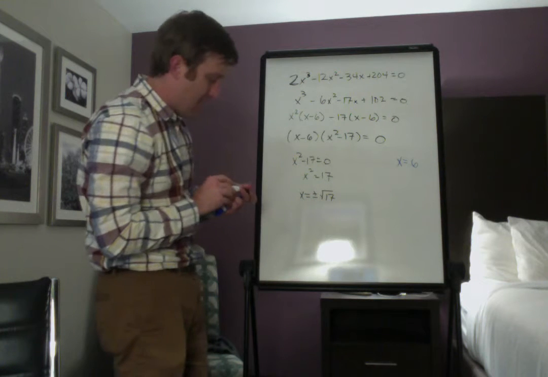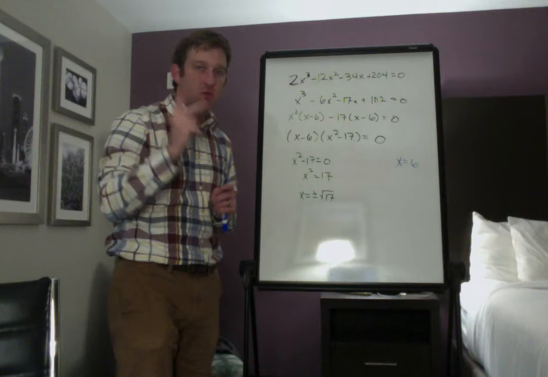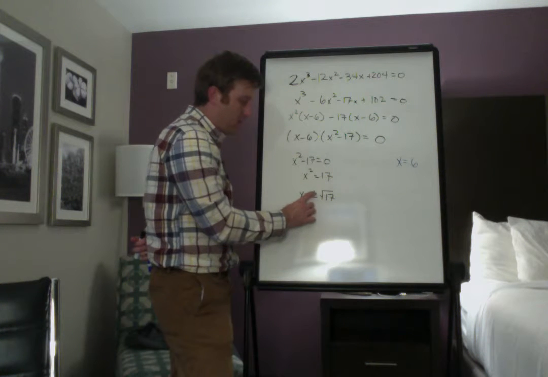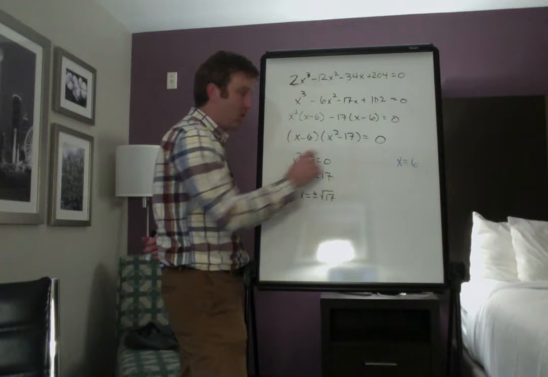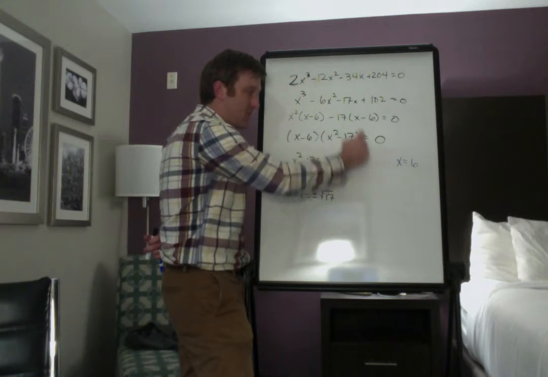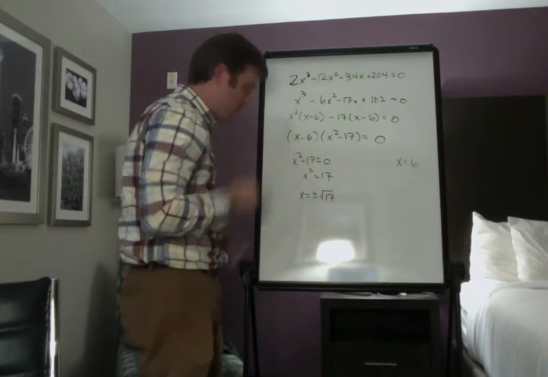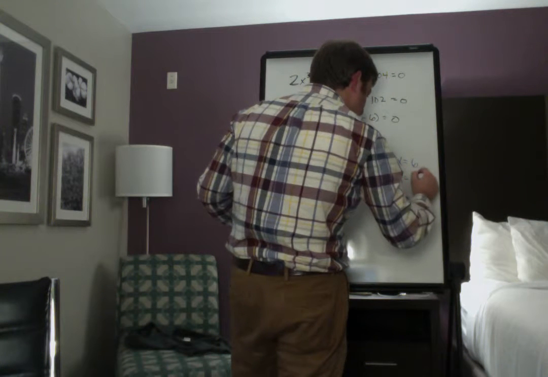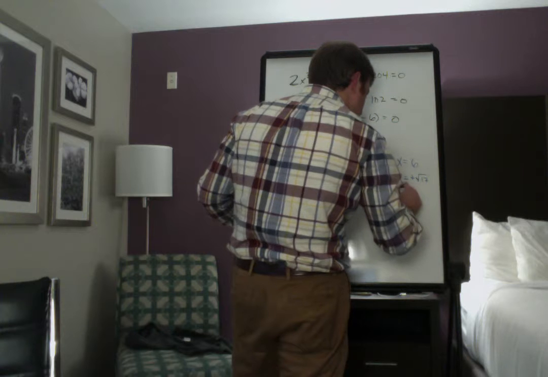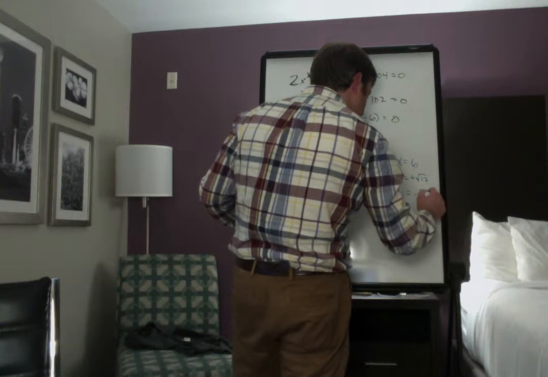So notice I now have my other 2 zeros. There are 2 values here, positive root 17 and negative root 17, both of which will make this into 0. So my 3 zeros are x equals 6, x equals positive root 17, and x equals negative root 17.